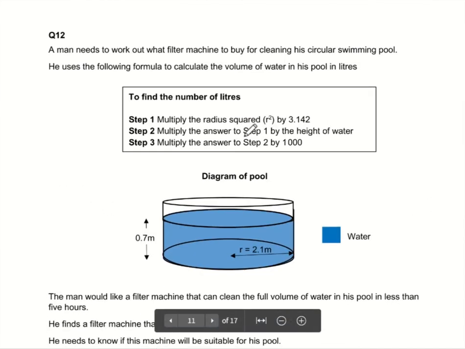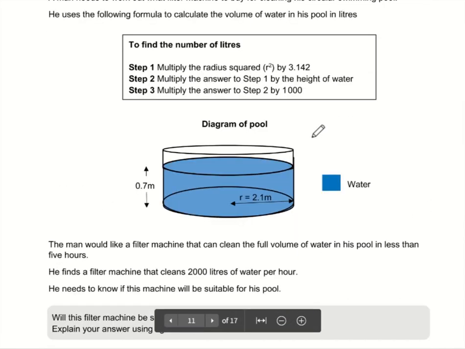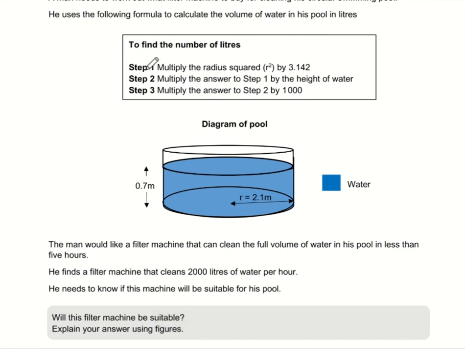Let's move on to number 12. Okay, so all we need to do here is just follow these instructions. So step 1, multiply the radius squared. So the radius squared, that is 2.1 times by 2.1, and we're going to multiply that by 3.142. And we could work this out as we go along, but we can continue multiplying. We can type this into our calculator in one hit.